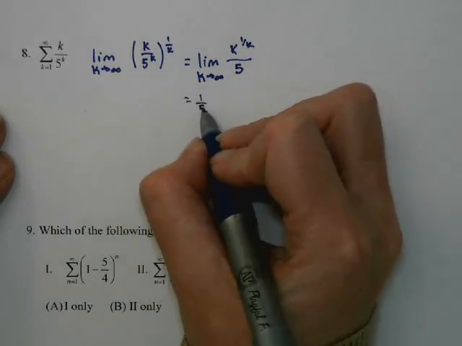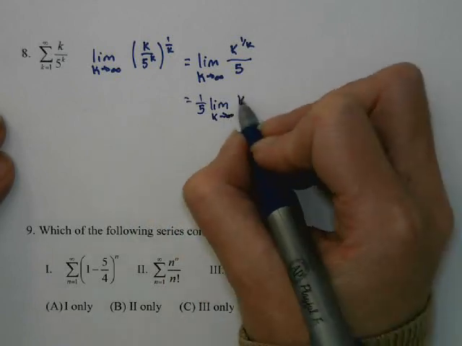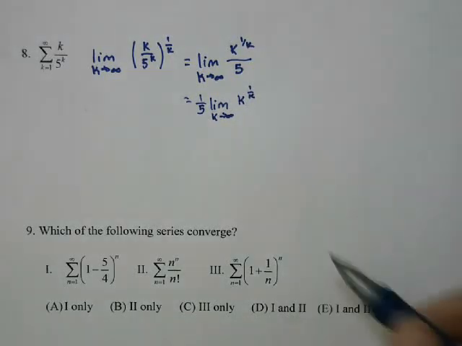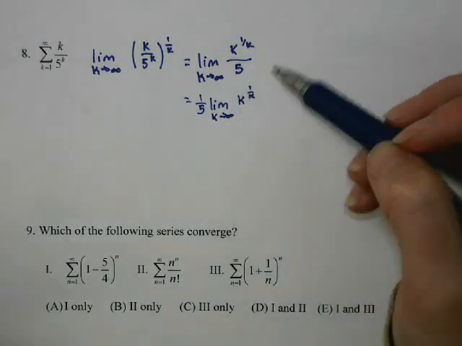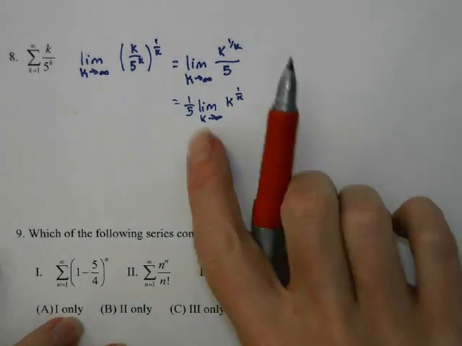So this will be 1/5 of the limit as k goes to infinity of k to the 1 over k. Okay, I need to deal with this limit, and a long time ago we dealt with limits like this. So I'm going to deal with the k to the 1 over k separately, then we'll come back over here.